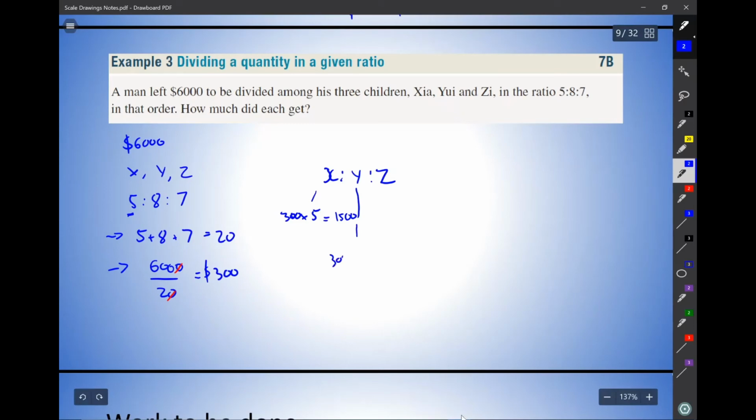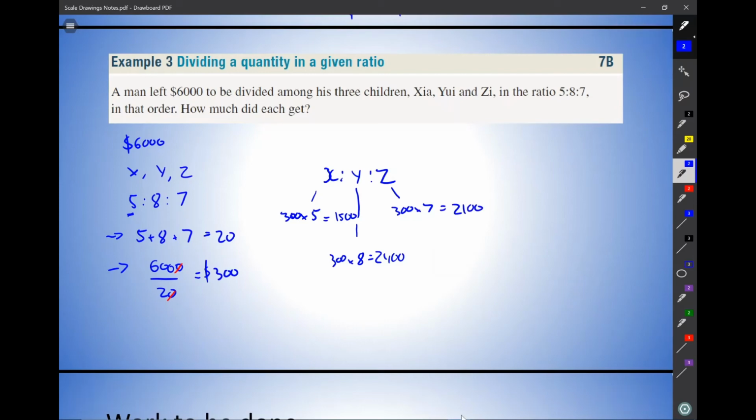Y will get 300 times 8, which is 2400, and Z will get 300 times 7, which is 2100.